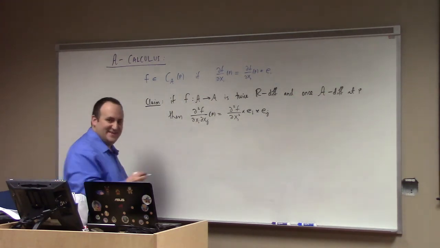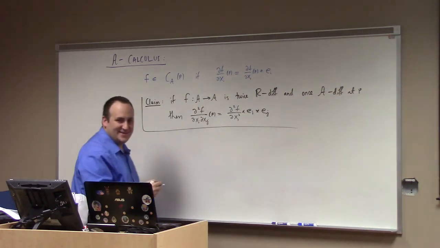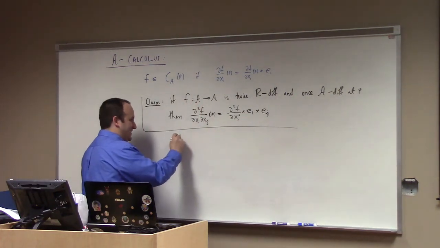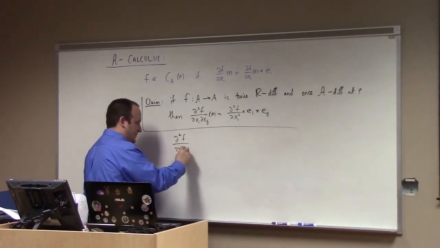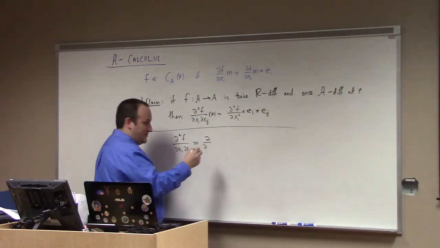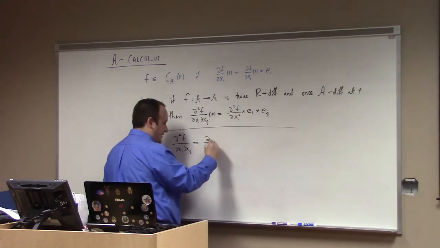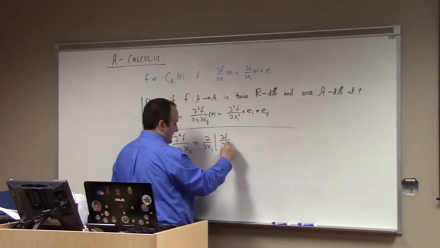All right, let me try this. Let's see if we can do it. So I'll start out with the left-hand side. What's that mean? This is all at the point P, okay? This is partial xi of partial f, partial xj, right?